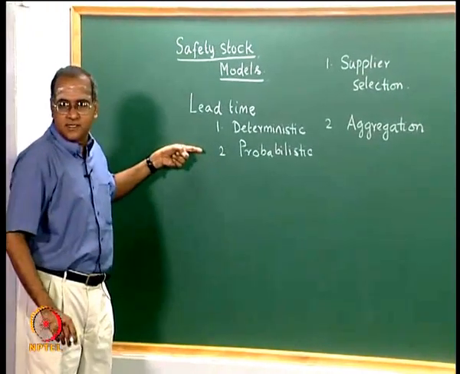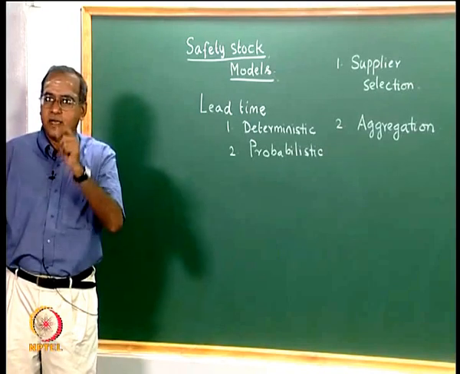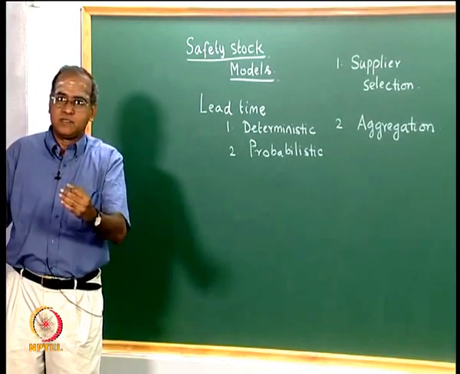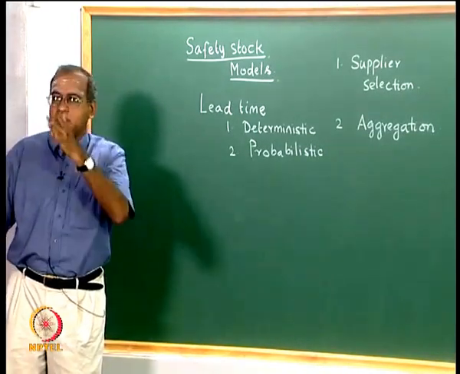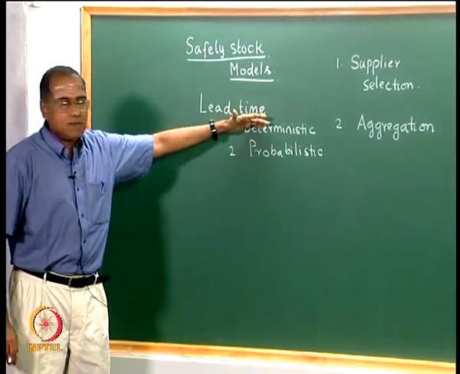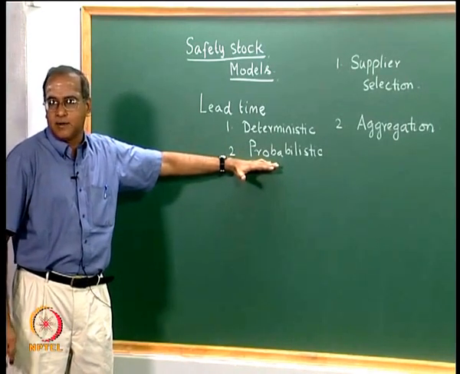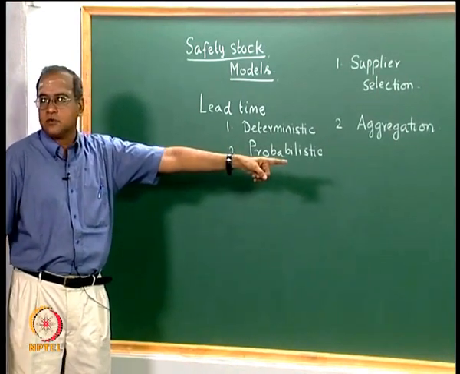So the first thing that is required is excellent supplier relationship, where the supplier is able to give items in time, which means we are looking at deterministic lead time. The moment the supplier starts showing variation and lead time is non-deterministic, then the safety stock shoots up.